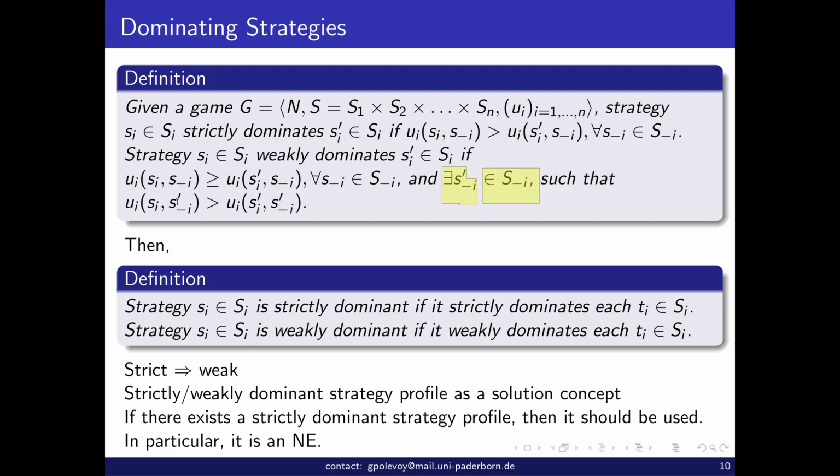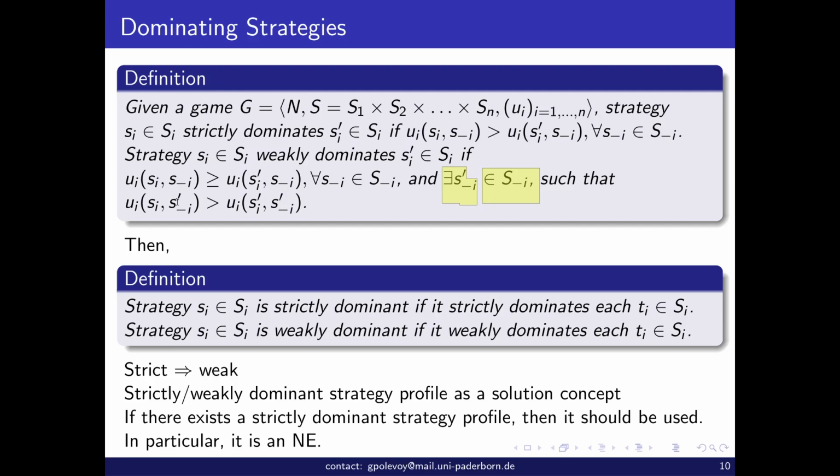Now, then we finally define what it means to be strictly dominant. So strategy Si is strictly dominant if it strictly dominates each other strategy. And it is, as we can guess, weakly dominant if it weakly dominates each other strategy. And of course, also here, being strictly dominant implies that it's weakly dominant, but not the other way around.